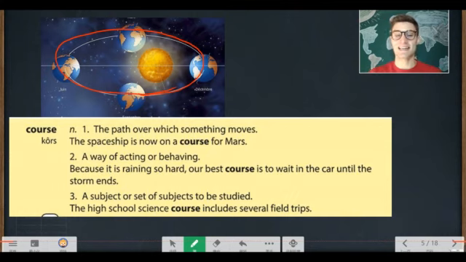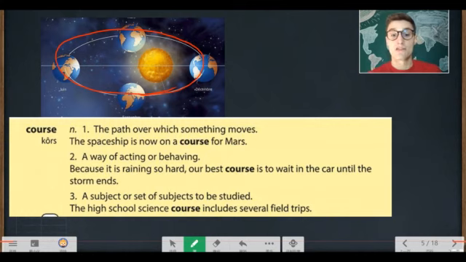The second noun meaning is a name of a way of acting or behaving. A way of acting or behaving. This is not good, this is not bad. We use this to say it's the way you've acted. Because it is raining so hard, our best course is to wait in the car until the storm ends.